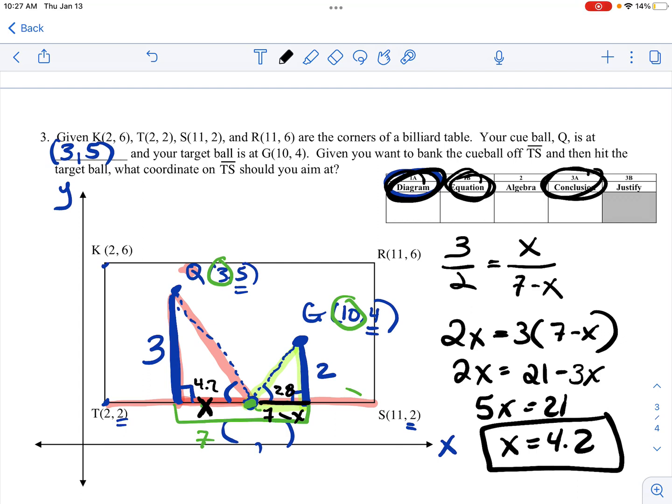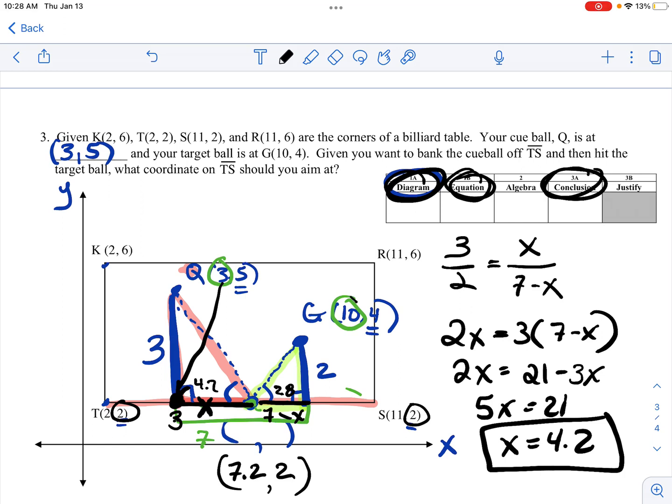Okay, so how do I use that to figure out my ordered pair? Well, I know that my y value is the same for all of the points. I already know this is a 2. It has to be a 2. It's on that same y line. And then for here, I know that the x value for this dot right here is 3. So if I'm at 3 and I go 4.2 more, 3 plus 4.2 is 7.2.